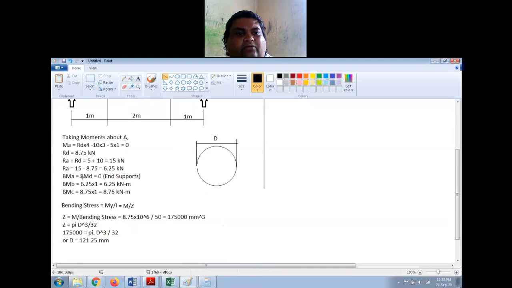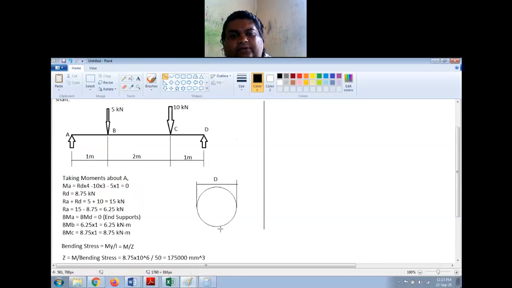Now you don't have to calculate all this again because I have done it already. See, the section modulus needs to be the same, right? Section modulus will not change for getting this much bending stress. Only this formula will change, right? So let us try to find this.